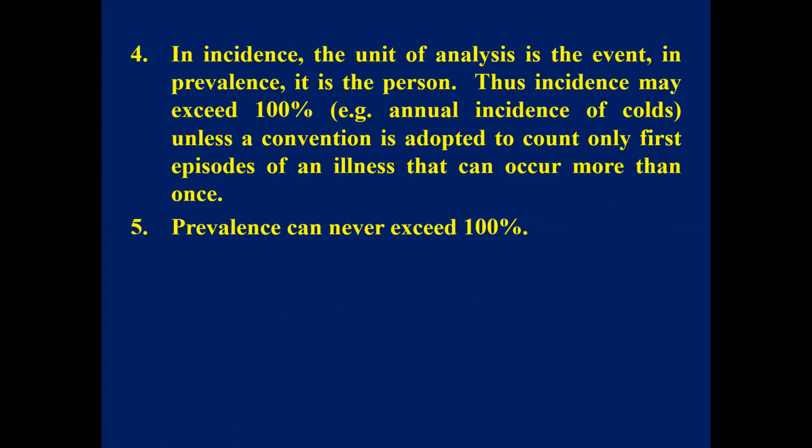And prevalence can never exceed 100%. Usually we say the prevalence rate is 80%, 90%, and we express it in terms of percentage. Whereas incidence can exceed 100% for some illnesses, for example influenza or cold, where if we count the number of episodes, it can go beyond 100%.